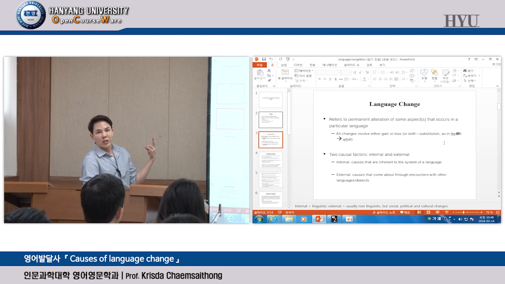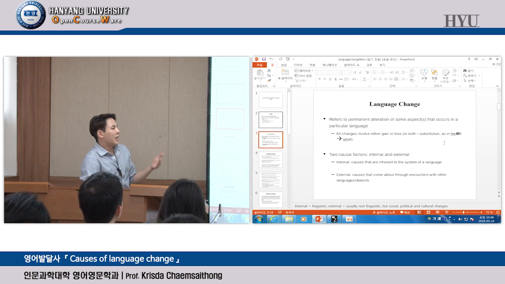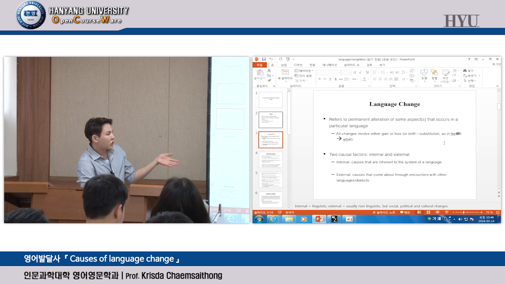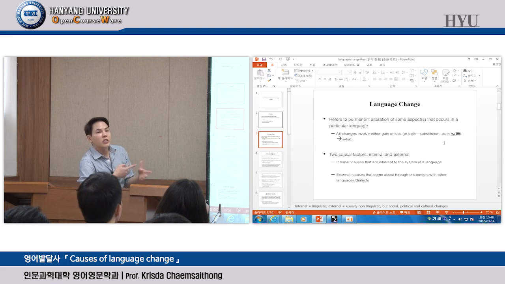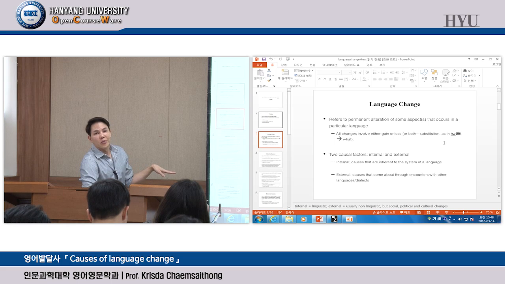So we have the internal layer, which is about the language itself, the natural cause, whereas the external layer has to do with cultural change, historical change, or political change that might trigger what lies beneath, which is the natural tendency for language to change. So two factors, internal and external.